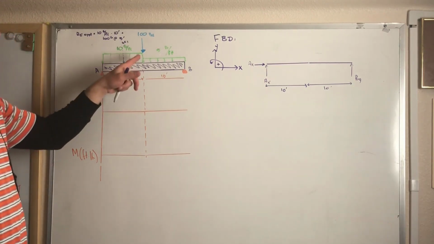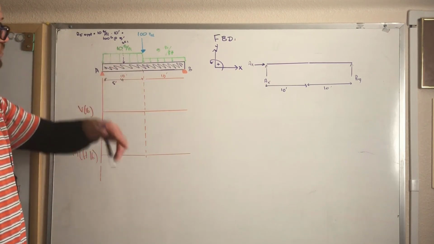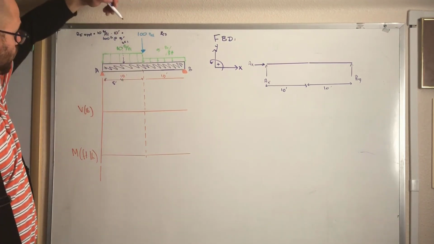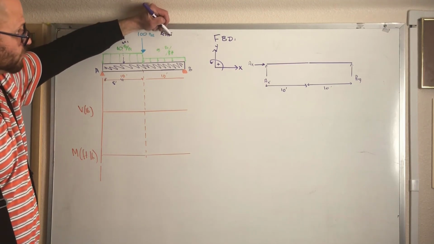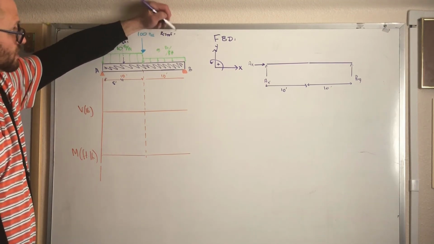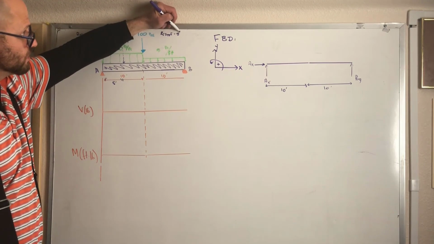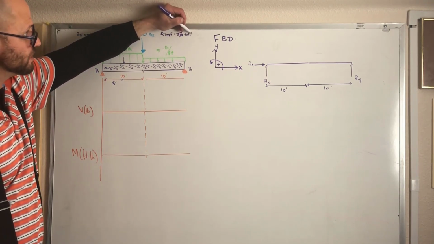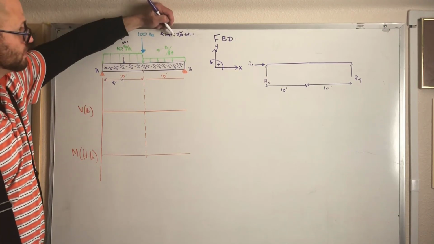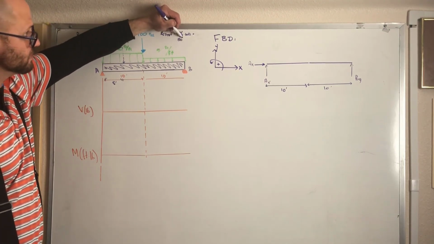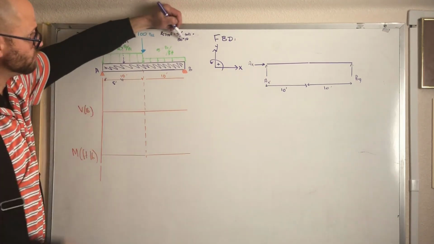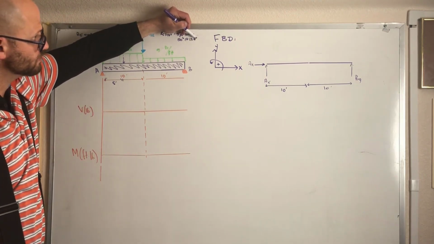Then I have my point load, but now I have another distributed load. So my reactionary force for my 5 pound per linear foot load is going to be 5 pounds per linear foot times 10 feet equals 50 pounds.